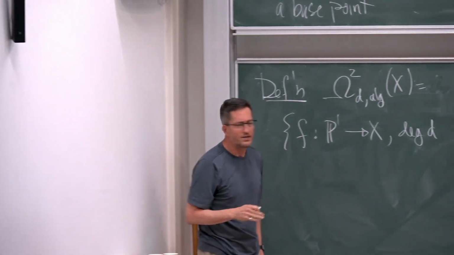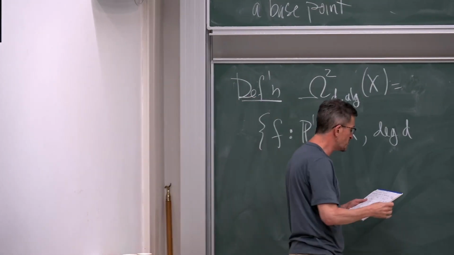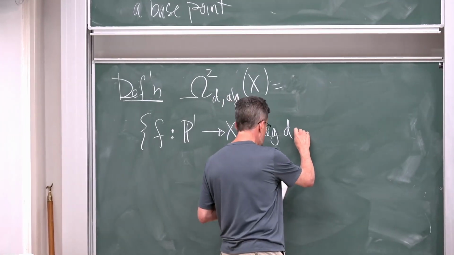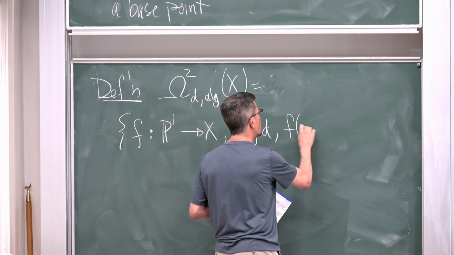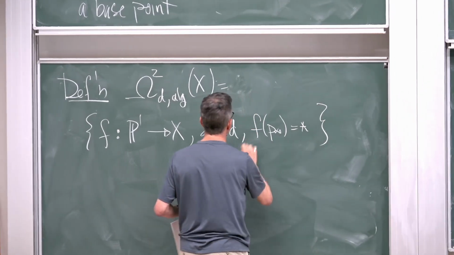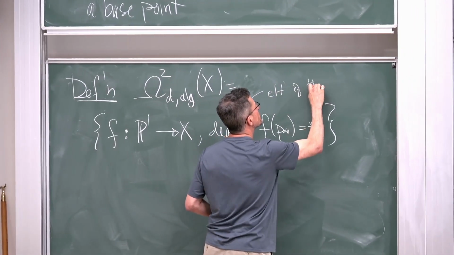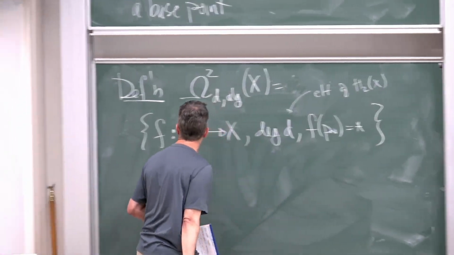By degree d, maybe I really mean a homology class, but often I just refer to it as a degree, and taking this point at infinity to the base point. So maybe this is really an element of H_2(X), as we do in Gromov-Witten theory.